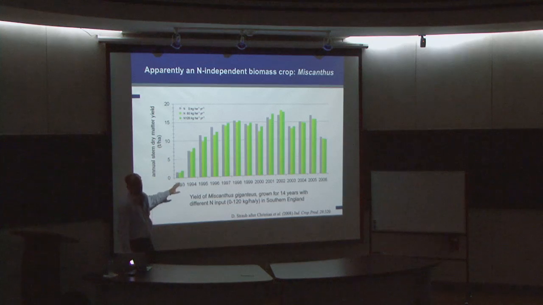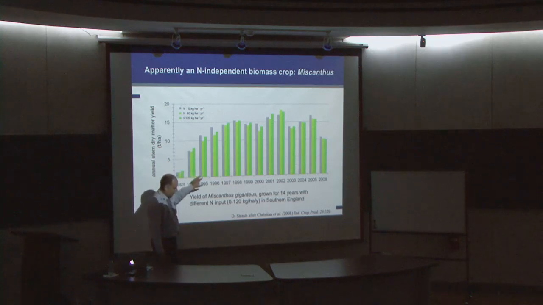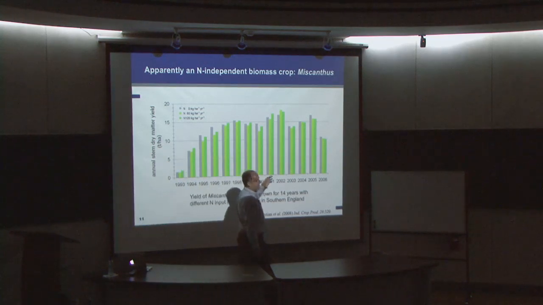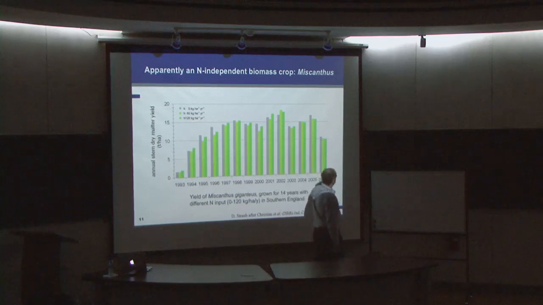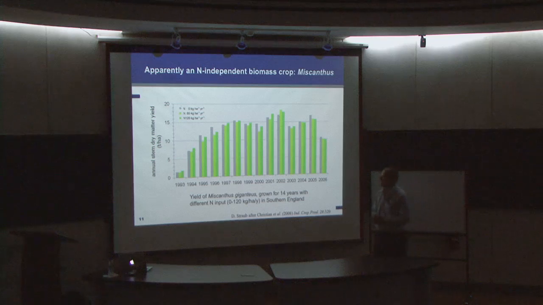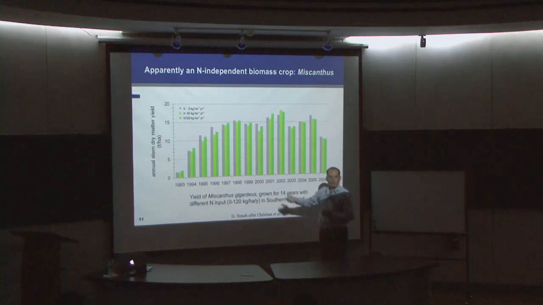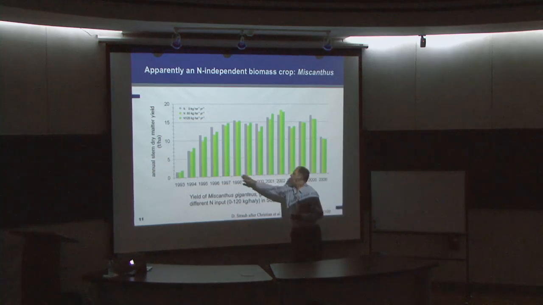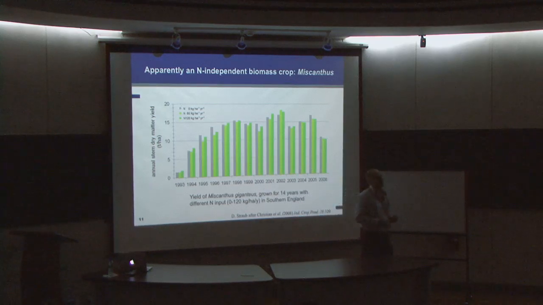This is a perennial plant. You can harvest the biomass and the stems for 15 or for 20, sometimes 25 years, without much decrease in yield. You have to supply, in the meantime, a little bit of potassium and a little bit of phosphorus.